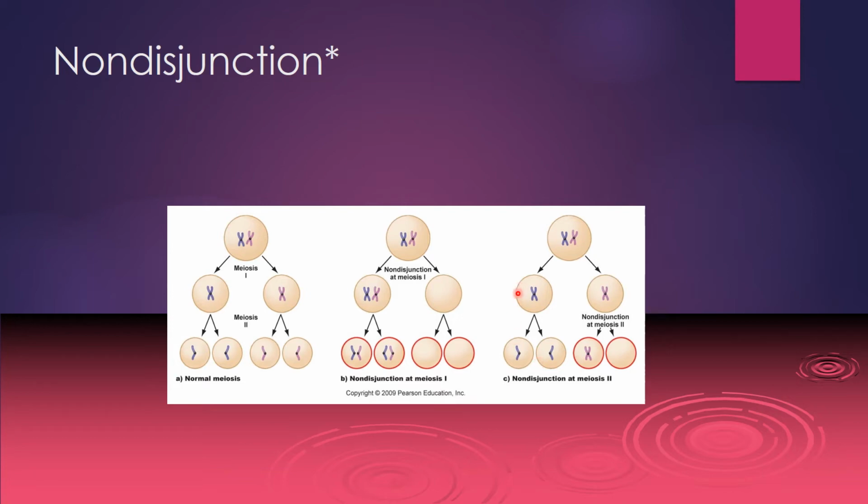The homologous pairs separate during meiosis 1, but during anaphase 2, when the sister chromatids are supposed to separate, they don't separate correctly, and we end up with 2 normal gametes and 2 abnormal gametes. Once again, we'll have 2 copies of that particular chromosome in this cell and no copies of the chromosome in this other cell.